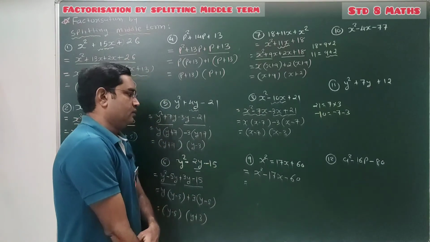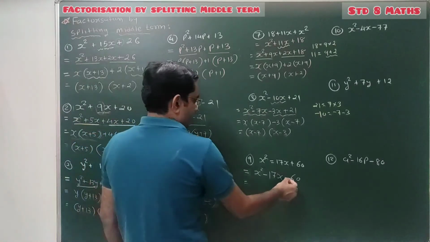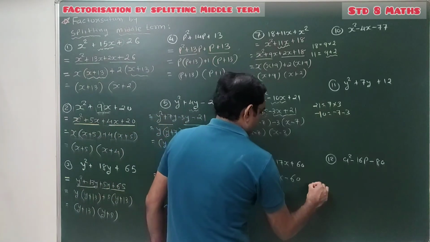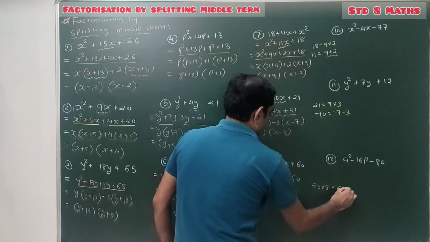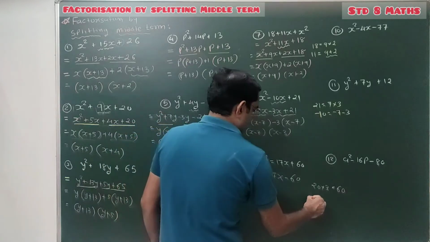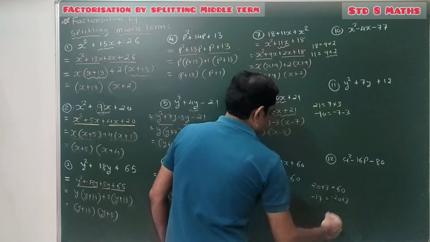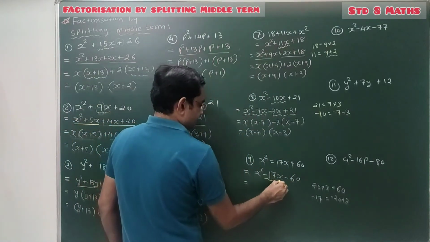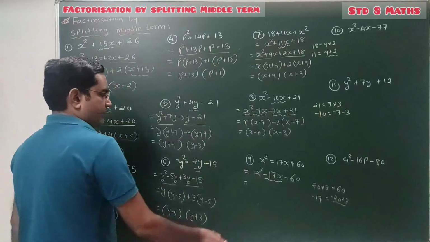So 60 can be factorized as 20 times 3. Subtracting, 20 minus 3 is 17. We need minus 17, so we can take minus 20 plus 3. Splitting this middle term minus 17x as minus 20x plus 3x.